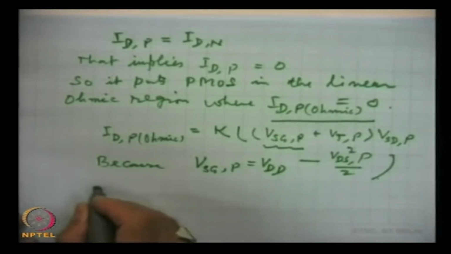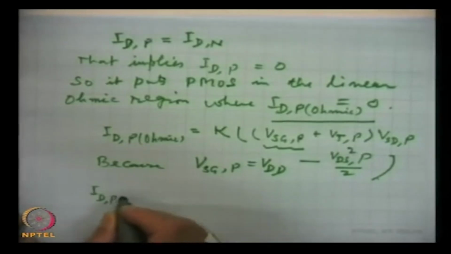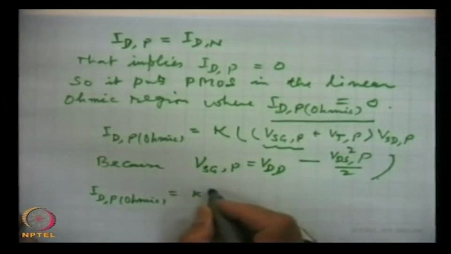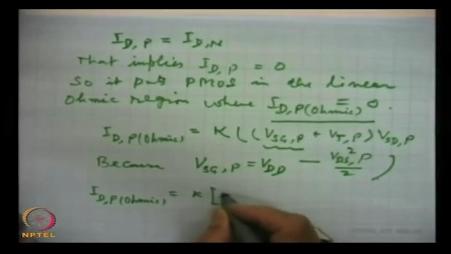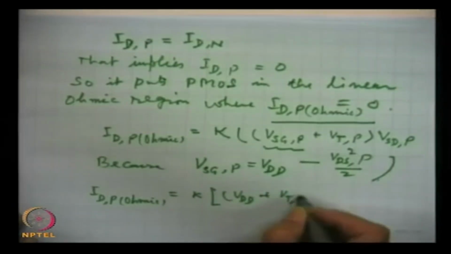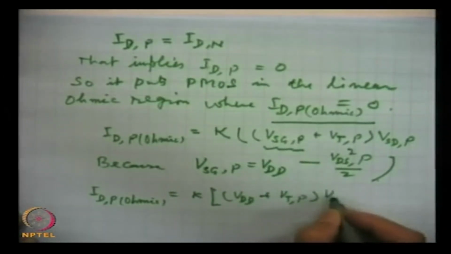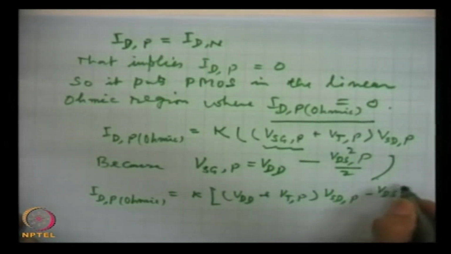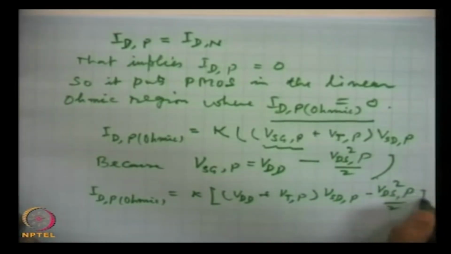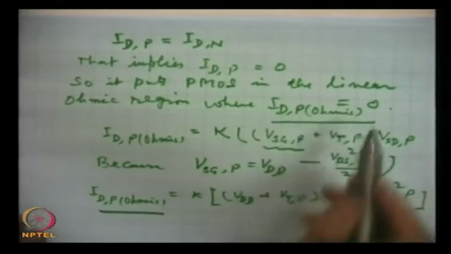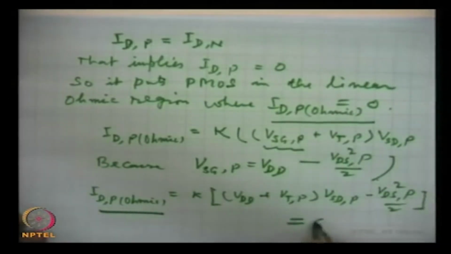So, IDP ohmic becomes equal to K, VDD plus VT for P, VSD for P minus VSDP square by 2, and this is equal to 0 here. So, this we equate to 0.